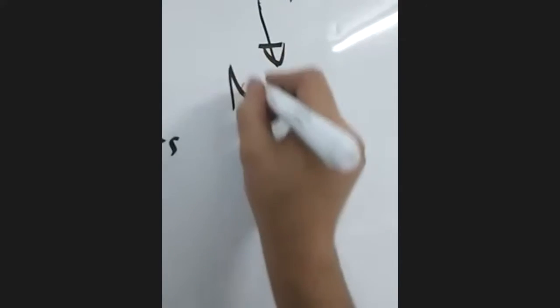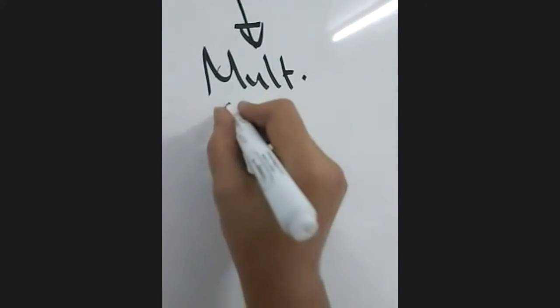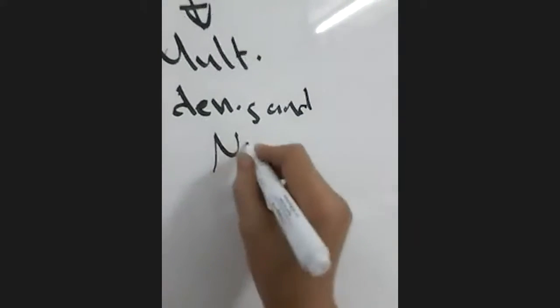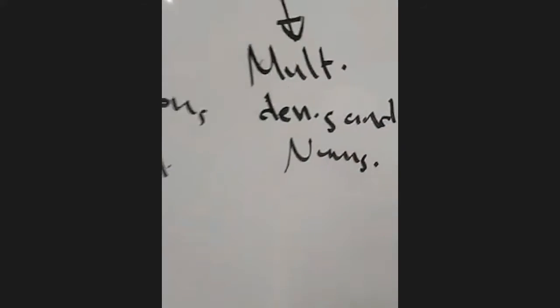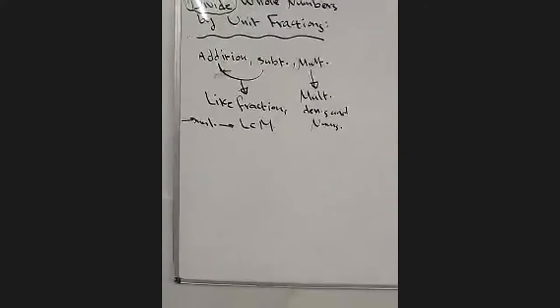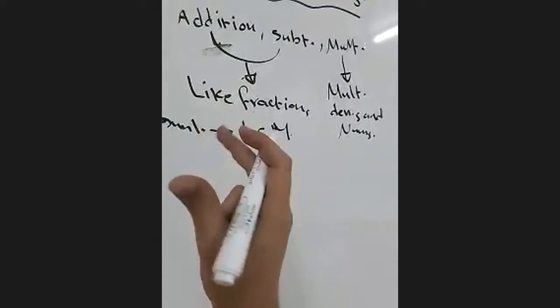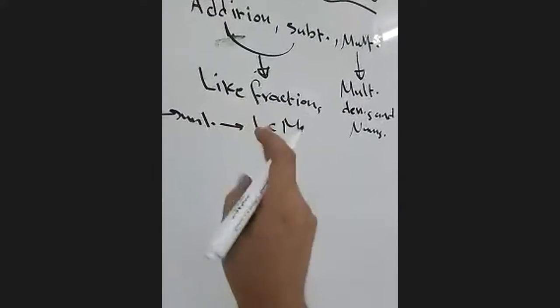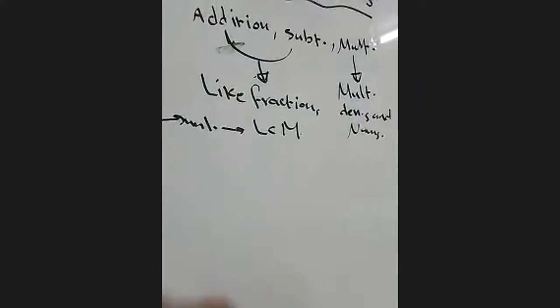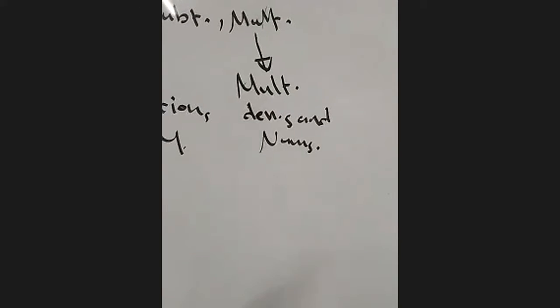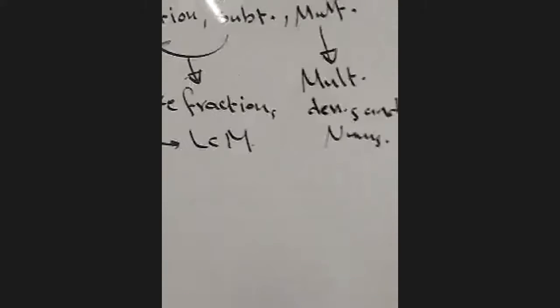We multiply denominators and numerators together, then simplify. We multiply up, multiply down, then simplify normally. But today we will divide.